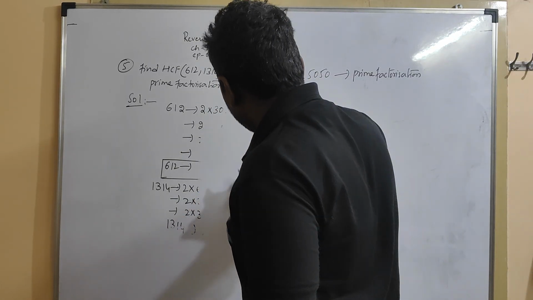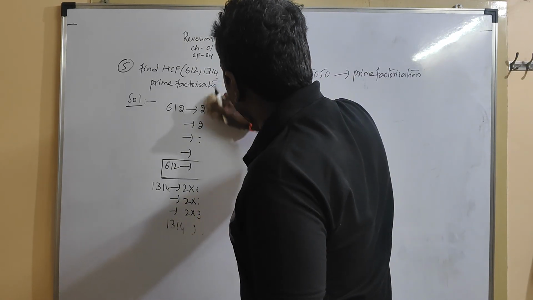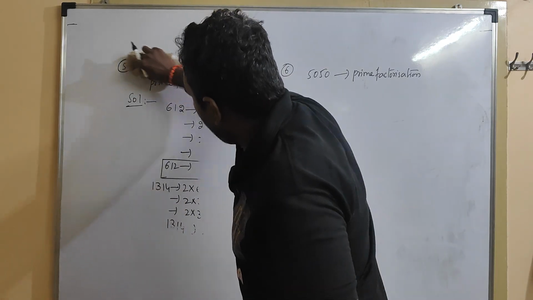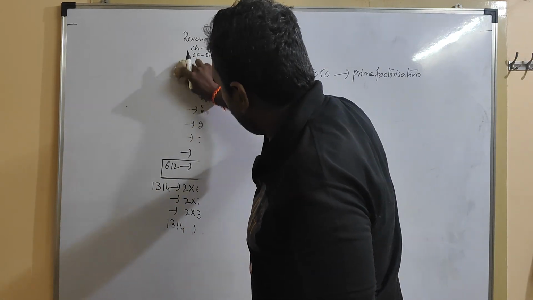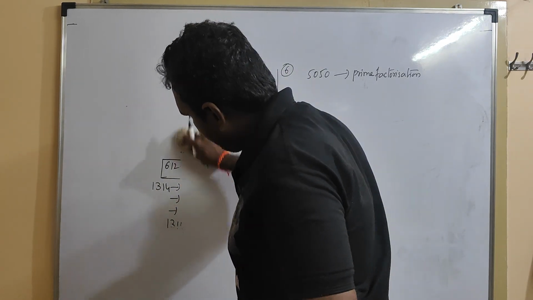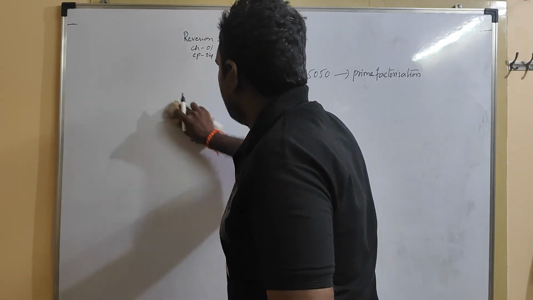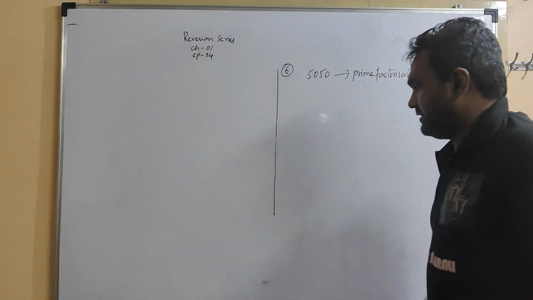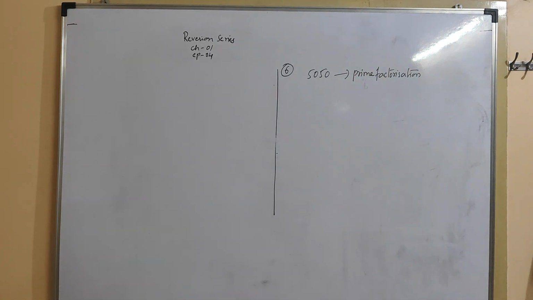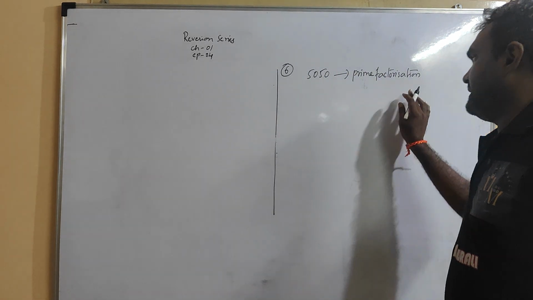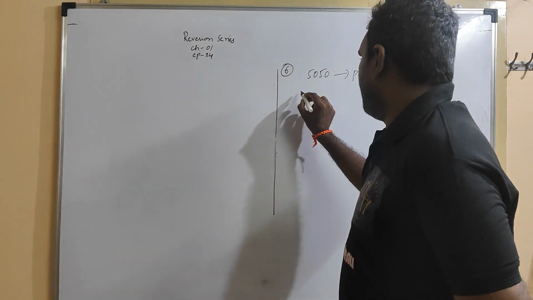If you know prime numbers well, and if you know divisibility rules well, then only you can do prime factorization in a better way compared to other students who are doing competition for you. Okay, see the next one, 5050 prime factorization I want. How to do prime factorization?